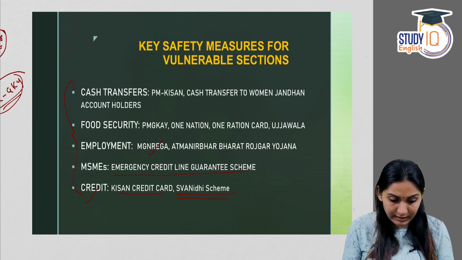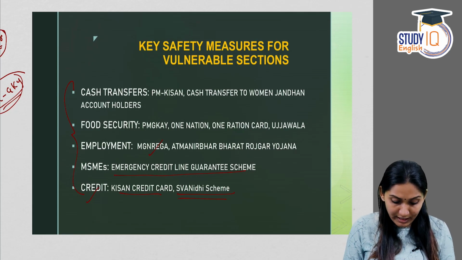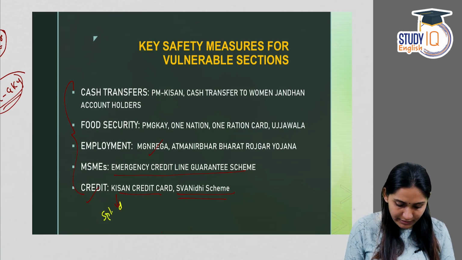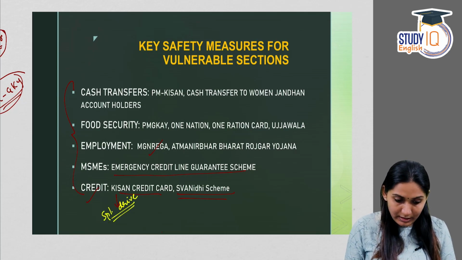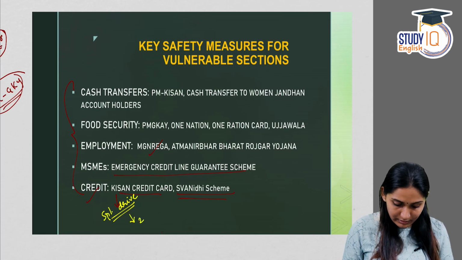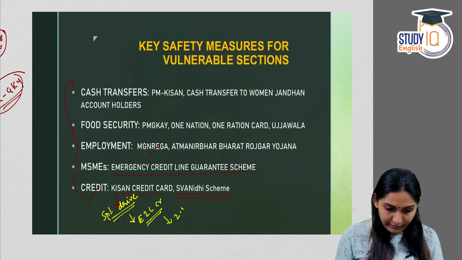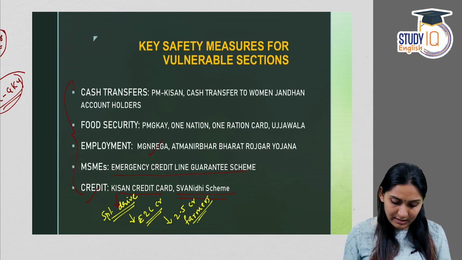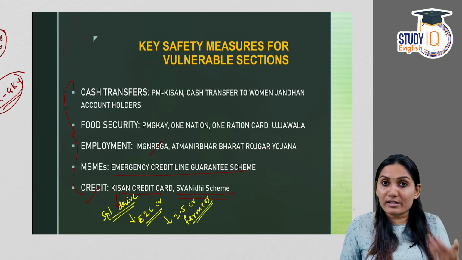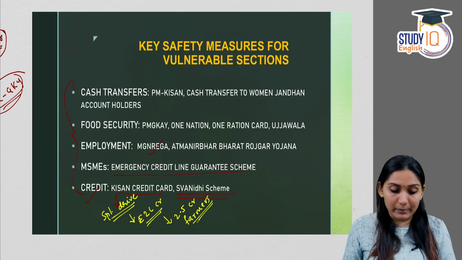The change made to the Kisan Credit Card scheme was that a special drive was held, and rupees 2 lakh crore concessional credit was given to 2.5 crore farmers, a special drive for the agricultural sector. So more institutional credit to more farmers.